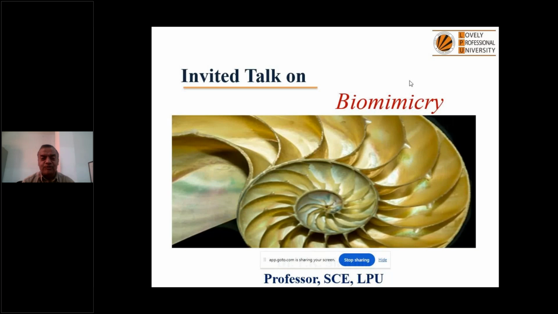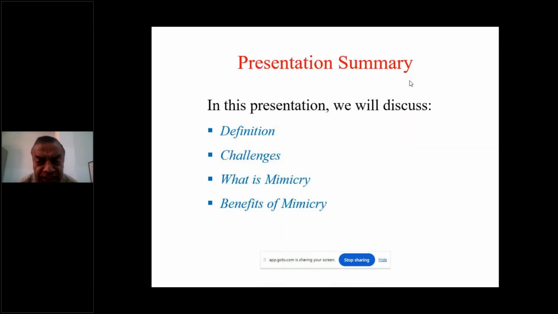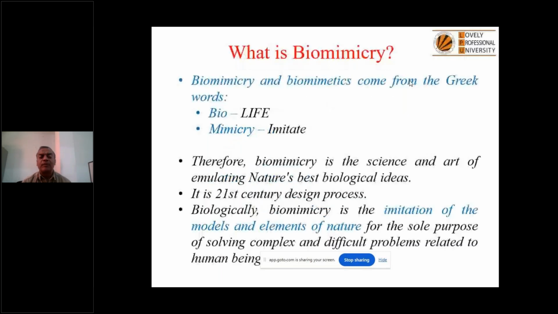Coming to my topic, in my presentation I would like to define biomimicry, what the challenges are, how to copy someone, what mimicry is, and the benefits of mimicry. First of all, we will define it: the word biomimicry comprises bio, meaning life, and mimicry, meaning to imitate, copying someone.